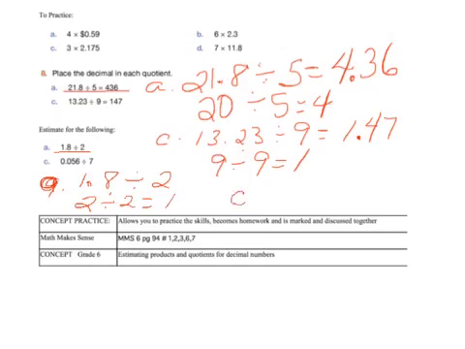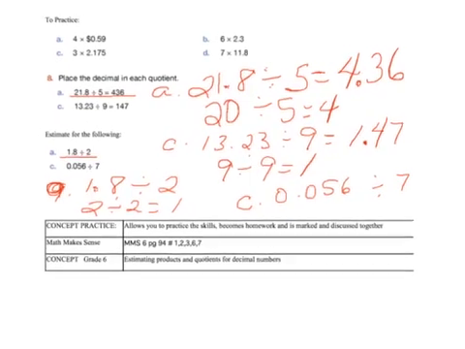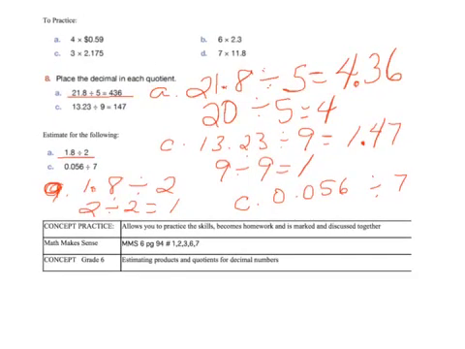And for the second C, 0.056 divided by 7. And again, this is where it gets tricky. Here you would actually take the 56 and divide it by 7, which would be 8.